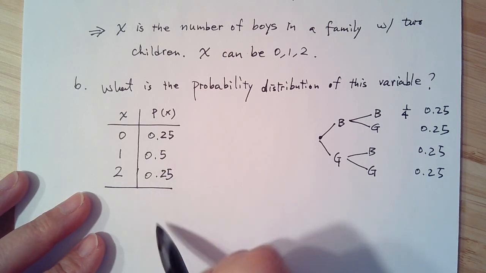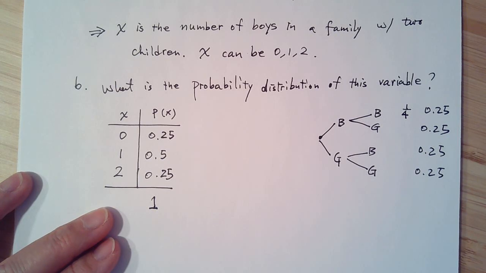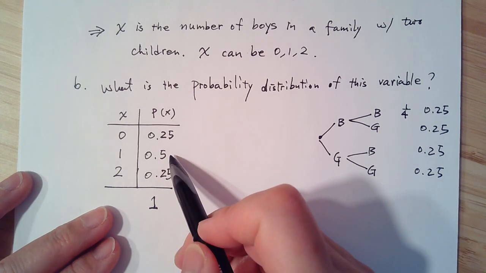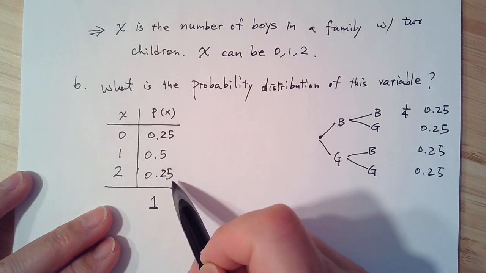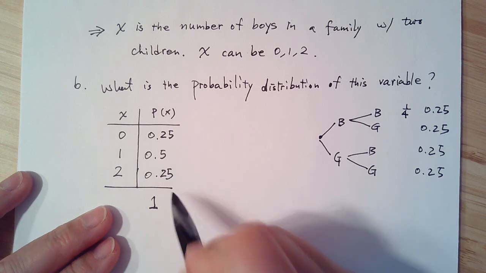The summation of that is 1. And the third condition is every single probability value has to be between 0 and 1. We check: no negative, nothing greater than 1, so we're happy with the third requirement. So far, this is a probability distribution.